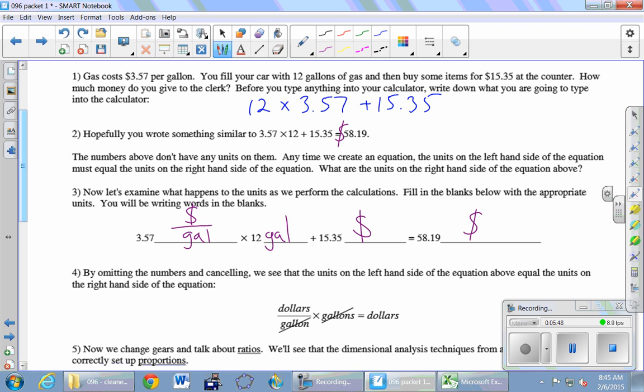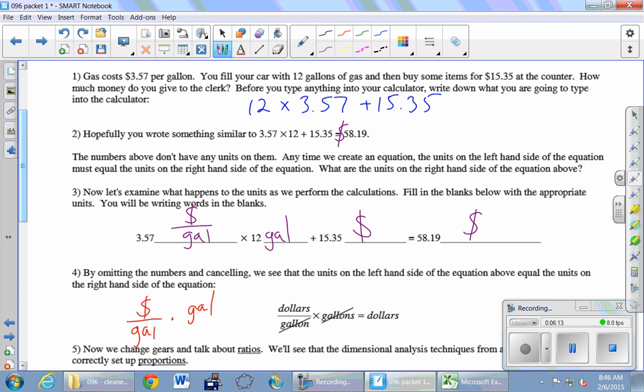Okay, and so the units on the left have to equal the units on the right for this equation to make any sense. And so something nice happens on the left-hand side. If I just look at dollars per gallon times gallons, I'll write it over here on the side. You see what nice thing happens there? You can cancel, right?